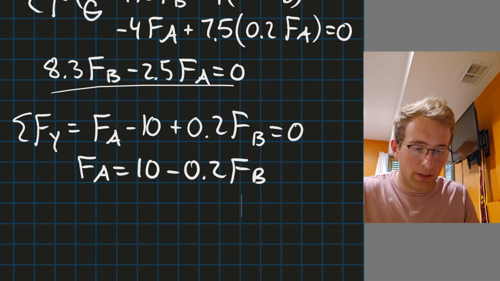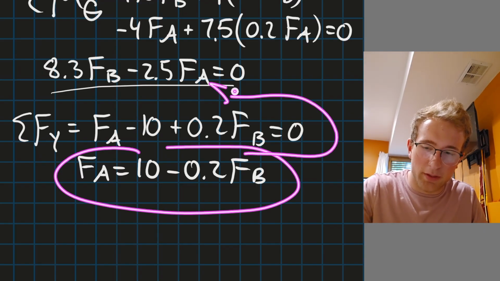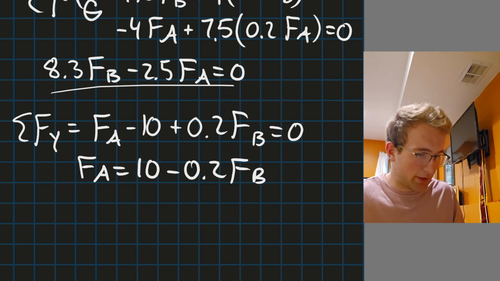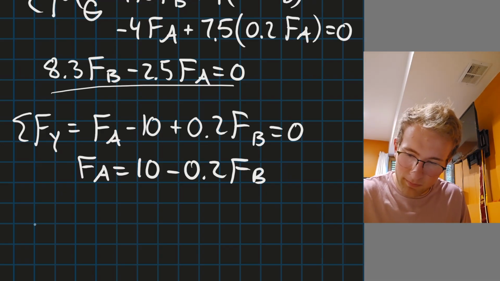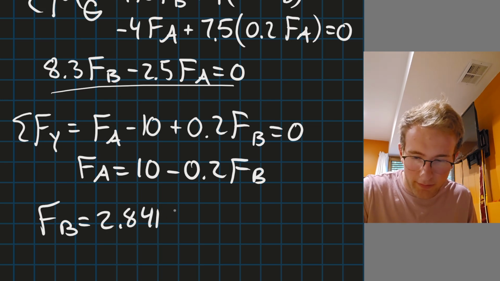After I plug in this expression for FA, my moment equation just has FB in it now. I can just straight up solve for FB. I get FB is 2.841 pounds.